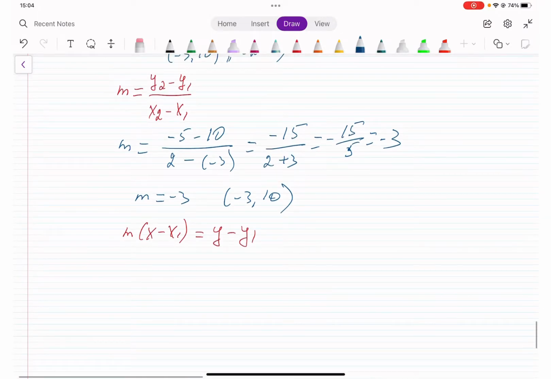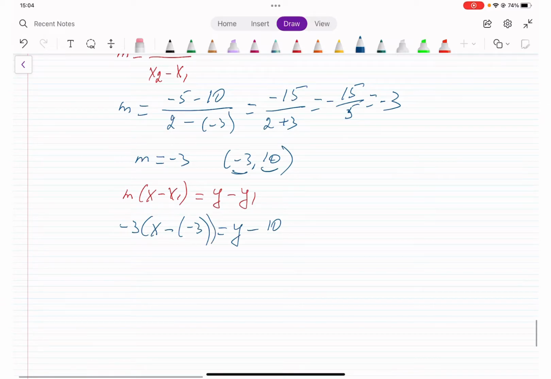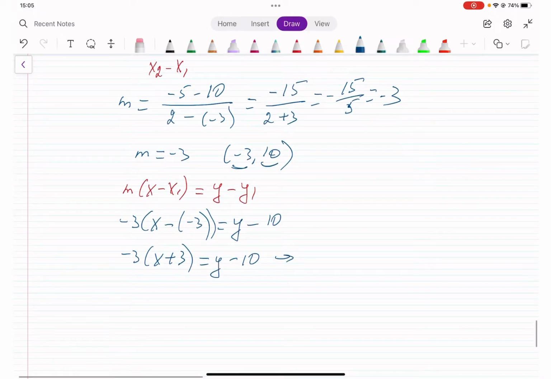So let's plug in. m is -3. x1 is -3, and y1 is 10. So from here, -3 times x plus 3 is equal to y minus 10. So this is our point slope form.